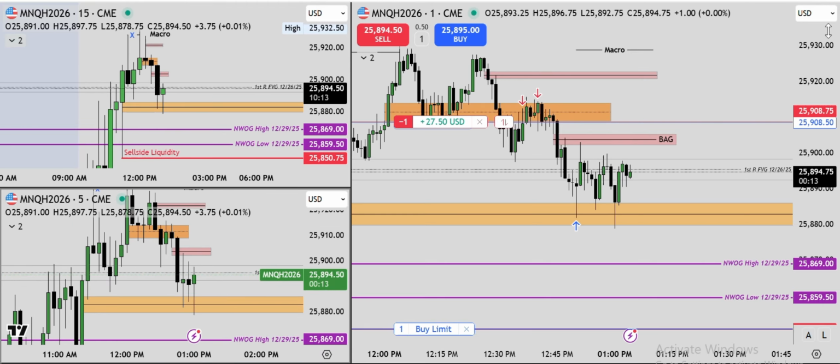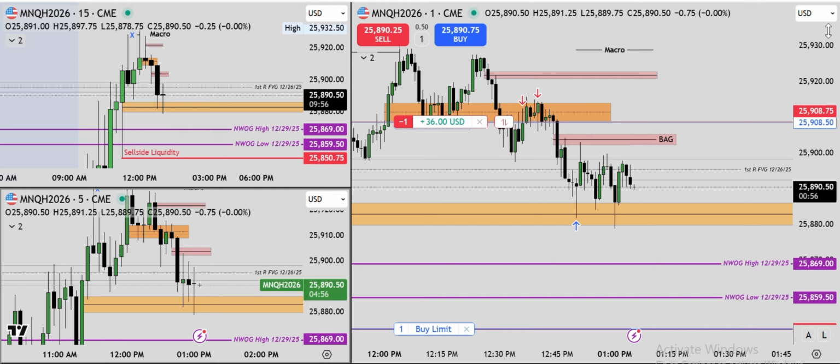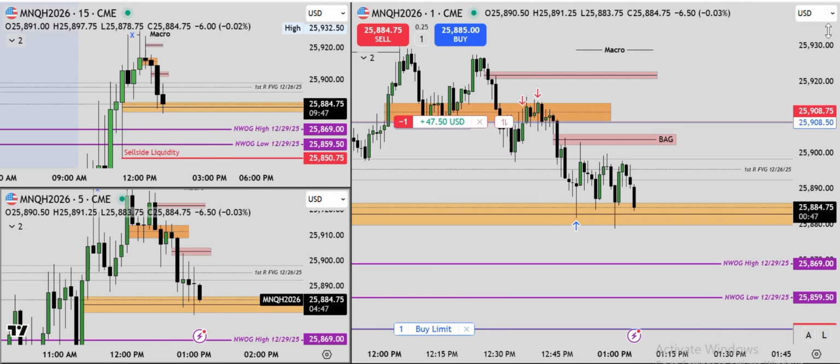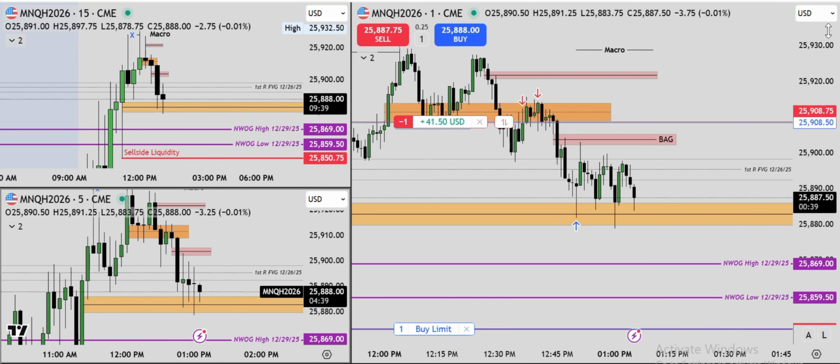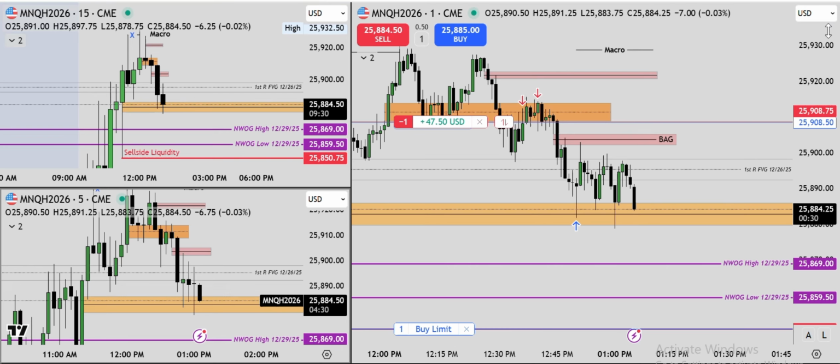I'm right now checking the 2 minute, 3 minute, 4 minute to see if there's any gaps forming. Trading back into that gap.